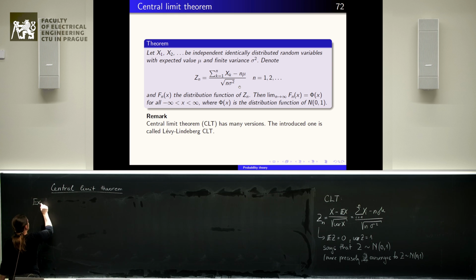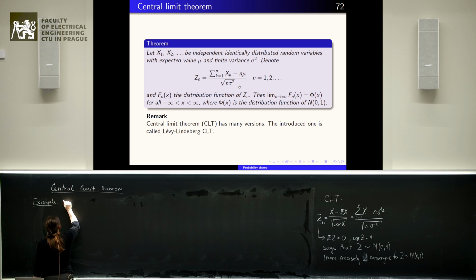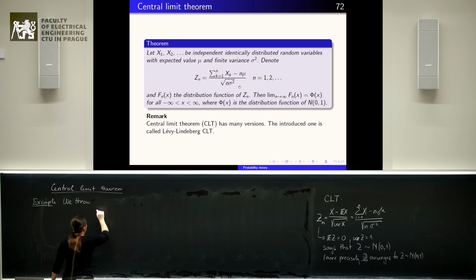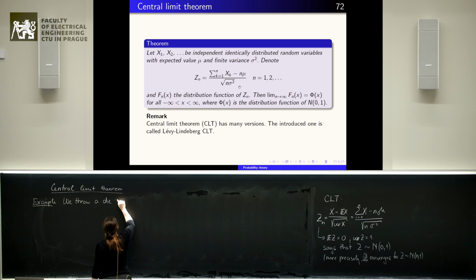Imagine the situation that we threw a die. We started with the die 7 or 8 weeks ago, so we will finish with the die again. We threw a die 180 times.